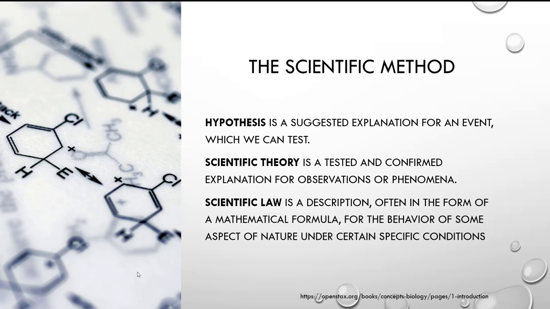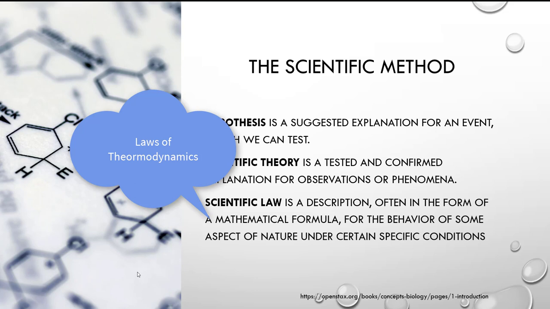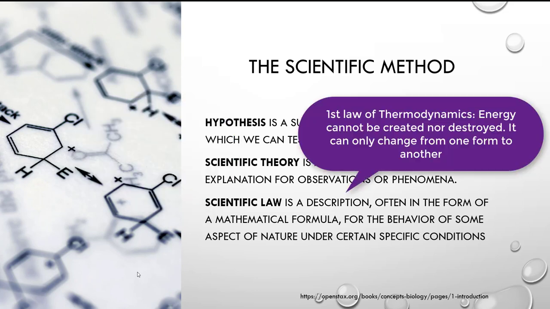In this class, we will learn about the law of thermodynamics. That is a physics law: the first law of thermodynamics states that energy is not created nor destroyed. It's only converted from one form to another.